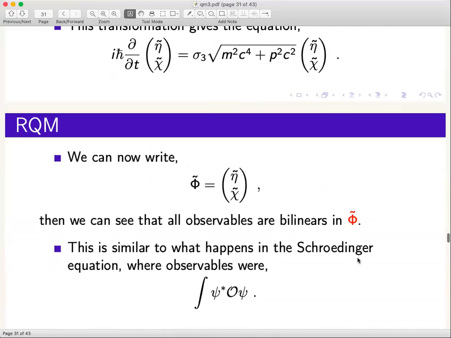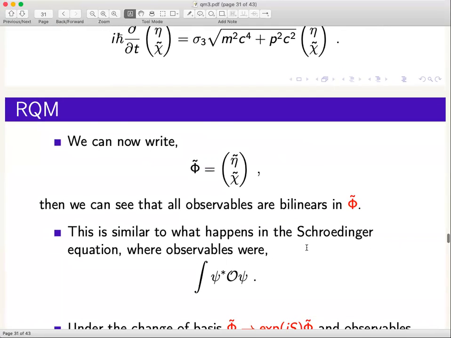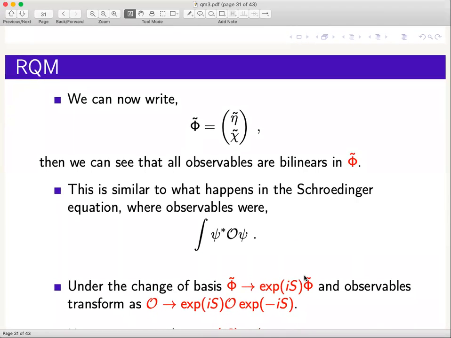This is pretty similar to what we are used to doing in the case of the non-relativistic Schrodinger equation, where we would write down observables as integrals of psi star O psi, where O is the operator whose expectation value we are trying to determine.